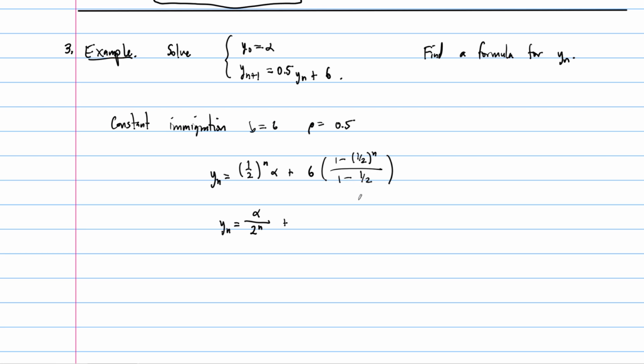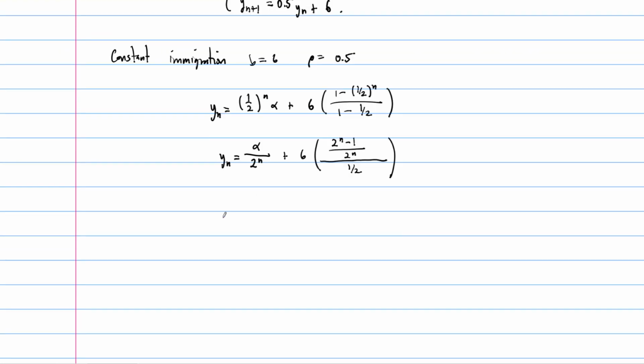So let's work it out here. So this, we'll do it in 2 steps. But this is 6. This is going to be 2 to the power n minus 1 over 2 to the power n, all over 2 minus 1, right? This is just a half on the bottom. And so when we work this out, this half I'm going to combine with this.